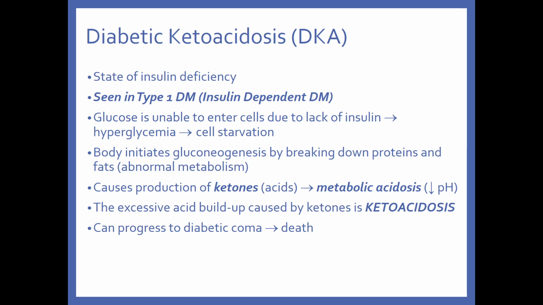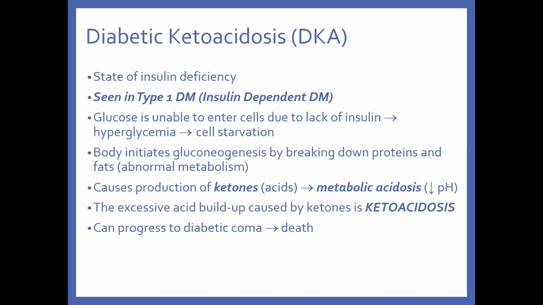So in insulin-dependent diabetics, which are type 1, glucose is unable to enter the cells due to a lack of insulin. That causes a state of severe hyperglycemia, significantly elevated blood sugars. And even though there's all this sugar floating around in the blood, the cells are starved for sugar because it's not able to be transported into the cells without insulin.